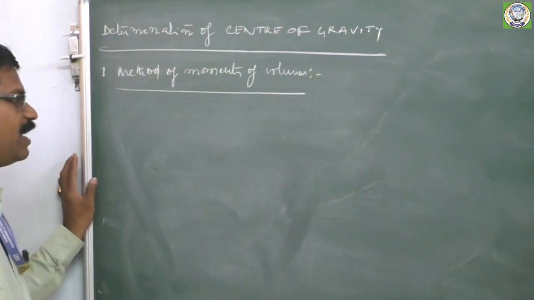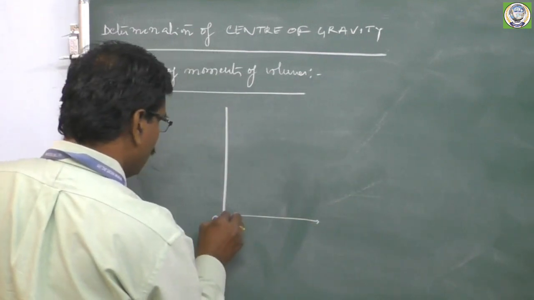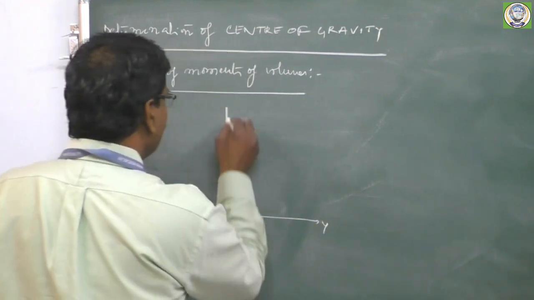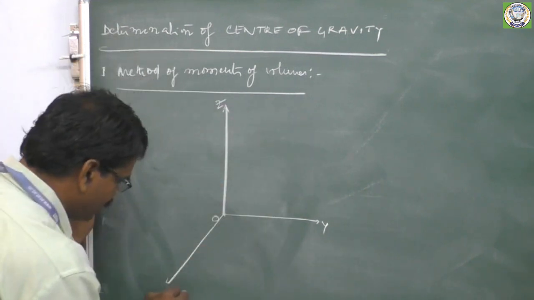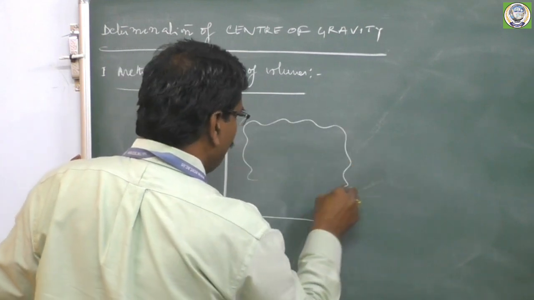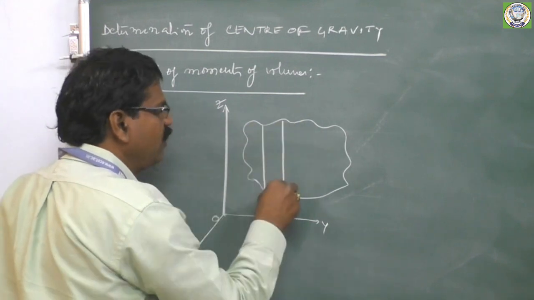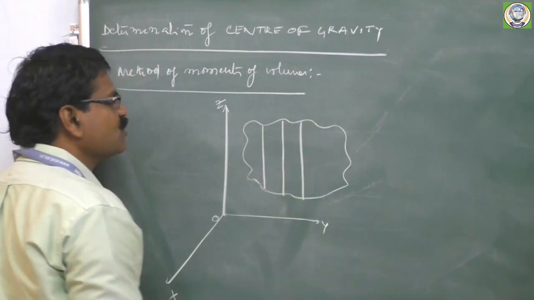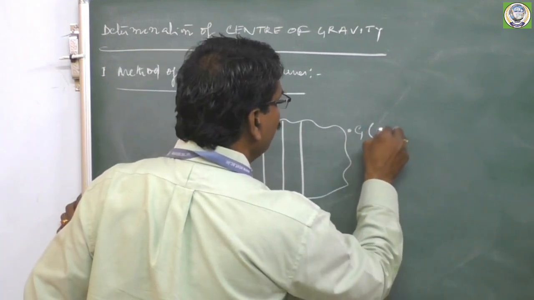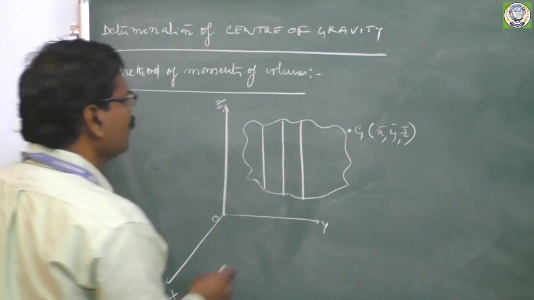In this, we will draw the diagram like this. Consider origin O, this is y-axis, this is z-axis, and this is x-axis. Consider an irregular surface in yz plane. Let this surface be divided into a number of elemental volumes represented like this. And at a particular point in yz plane, G bar of x bar, y bar, z bar is called center of gravity.